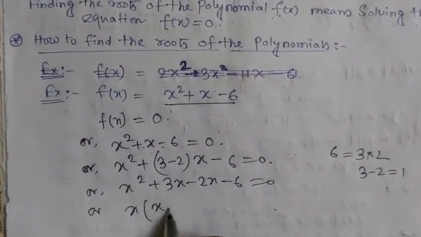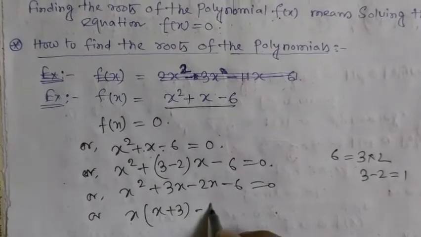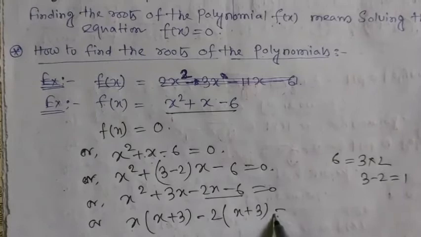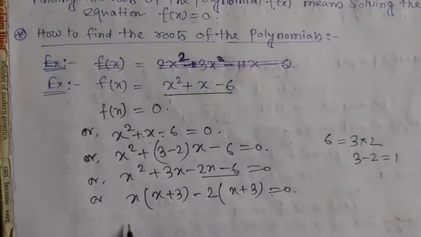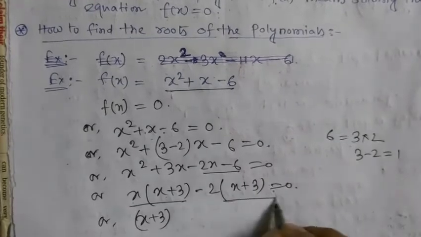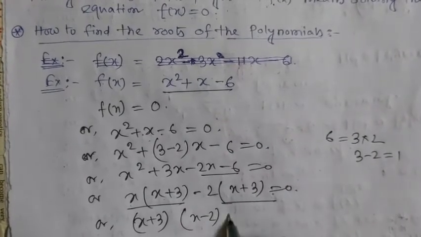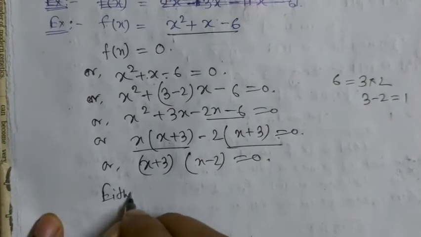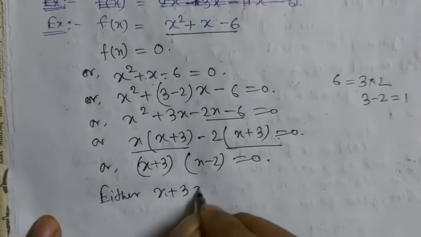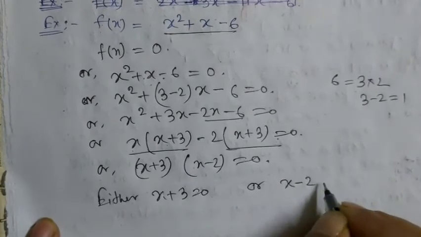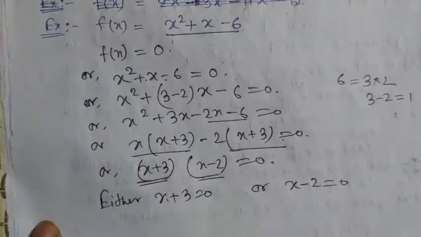In the first two terms x is common, and in the second two terms minus 2 is common, so x(x plus 3) minus 2(x plus 3). Then x plus 3 is common in both terms, giving (x plus 3)(x minus 2) equal to 0. So either x plus 3 equal to 0 or x minus 2 equal to 0.